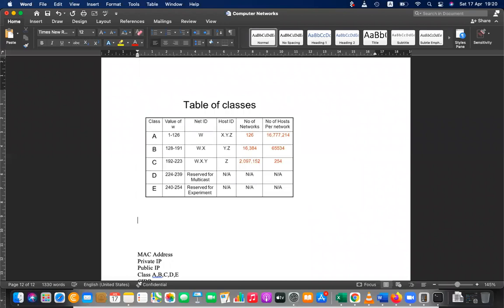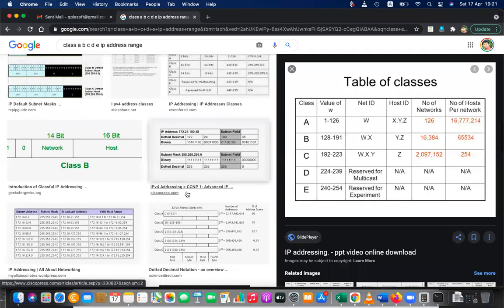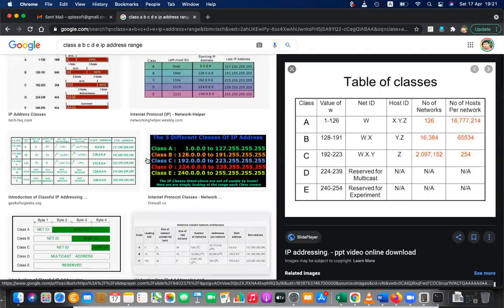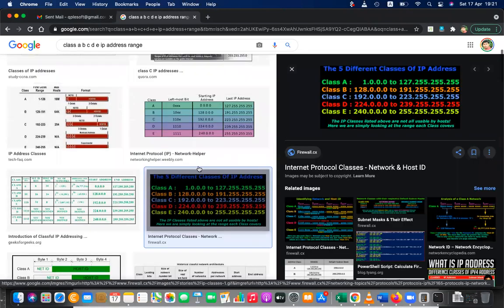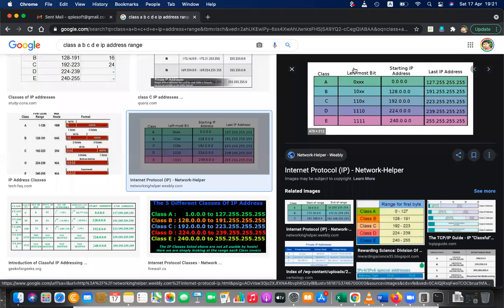The first, class A address is basically taken by reserving the first octet. So I need to use two things together because you can see this pattern, the leftmost bit pattern. Please remember this pattern: 0xxx, 10xx, 110x, 1110, and 1111.